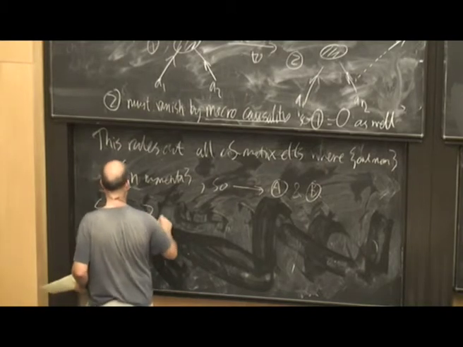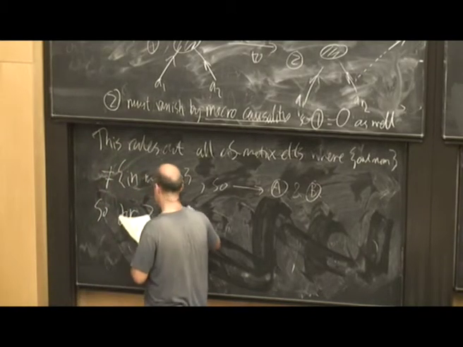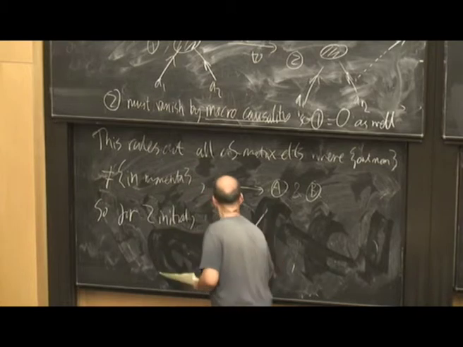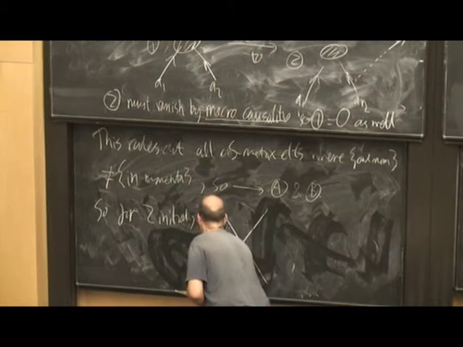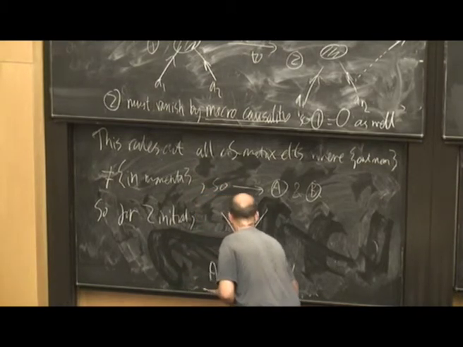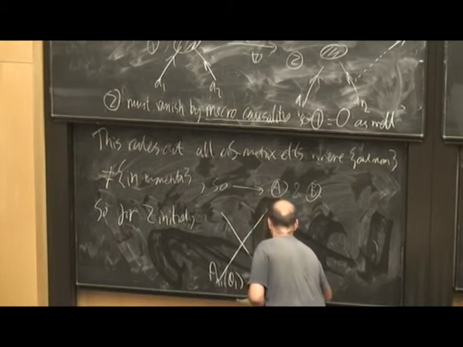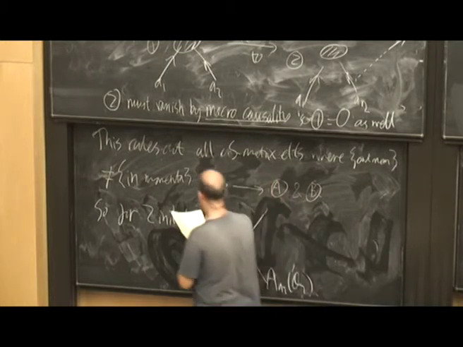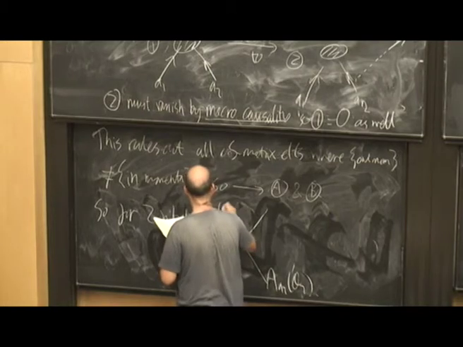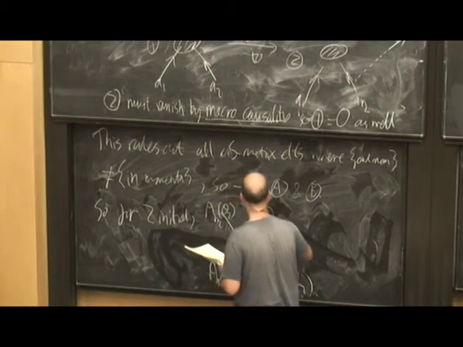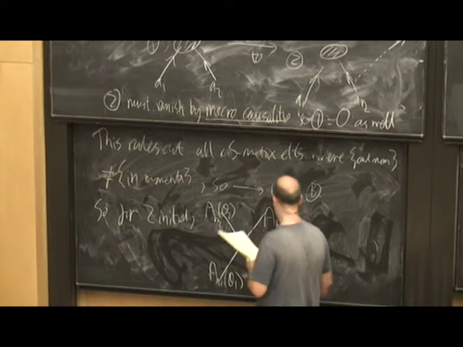So for two initial, we have A1 of theta 1, A2 of theta 2, going into AB2 of theta 2, AB1 of theta 1. I've been a little bit careful here.